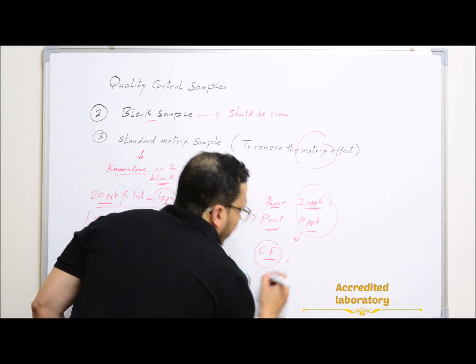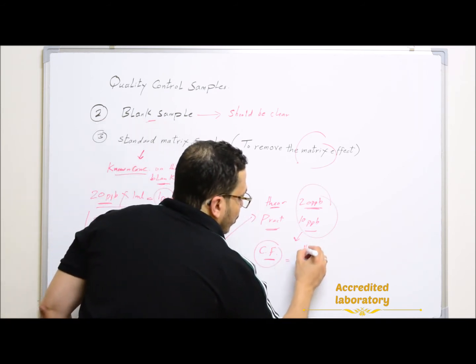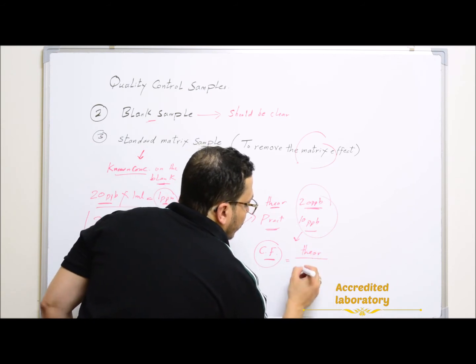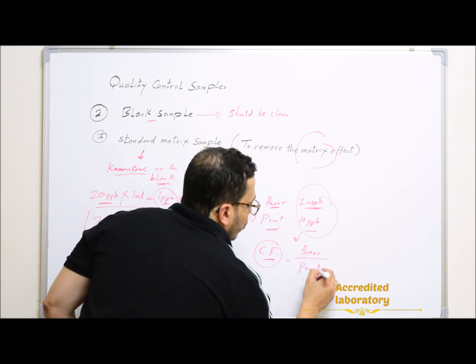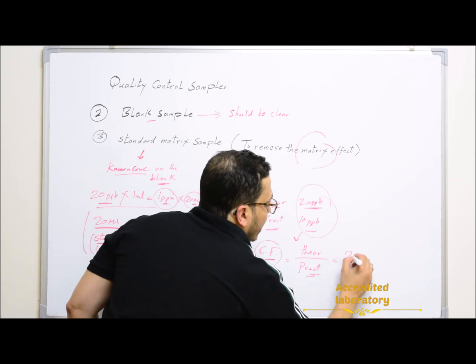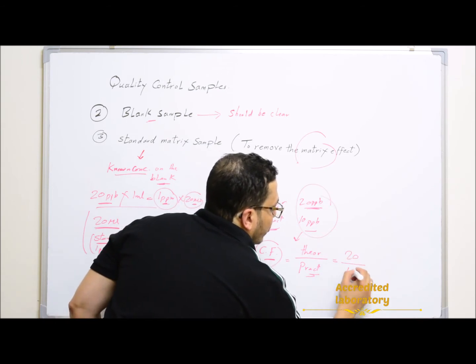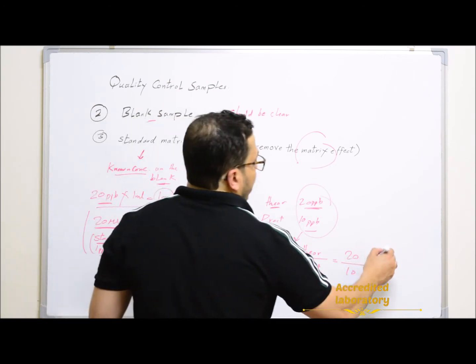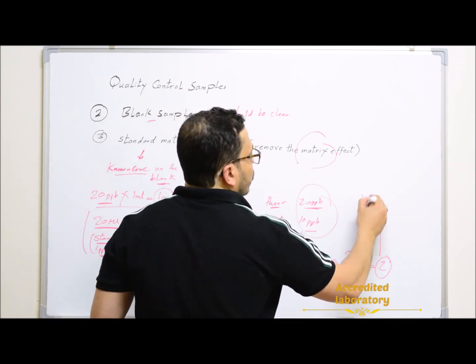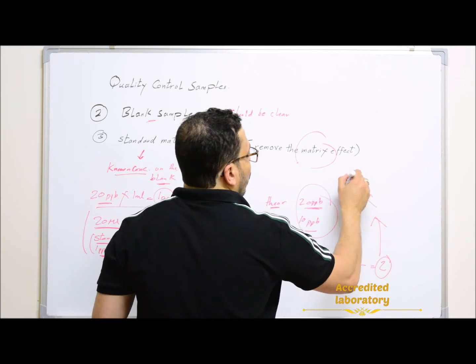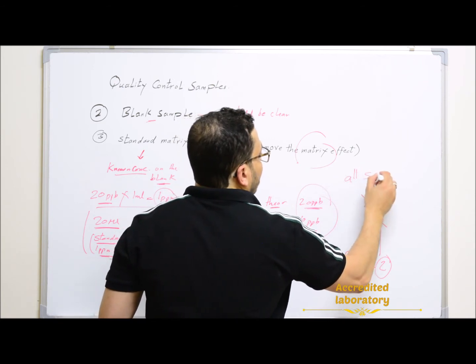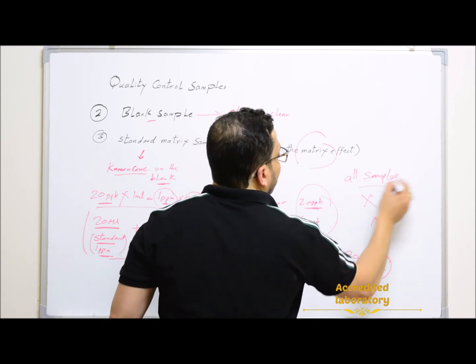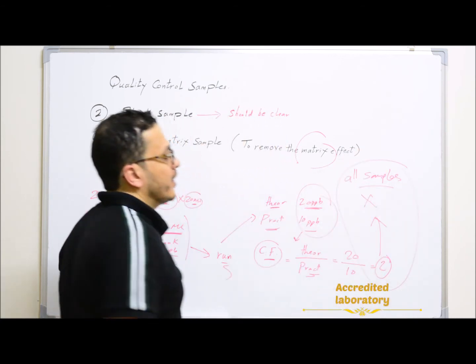This correction factor equals theoretical concentration divided by practical concentration: 20 ppb divided by 10 ppb equals 2. This is your correction factor. Then you will multiply this correction factor in all samples, even in your matrix spike sample.